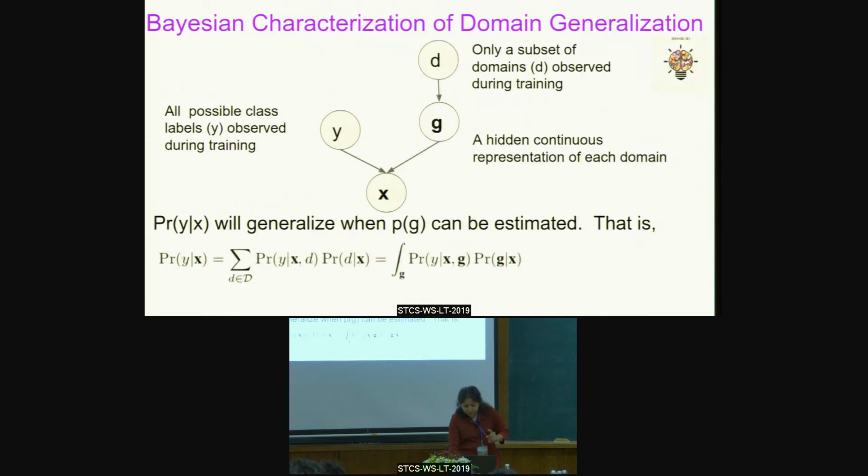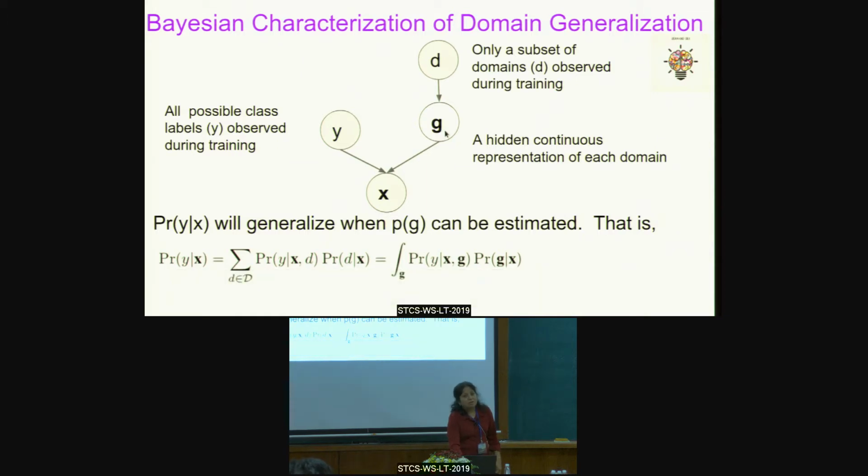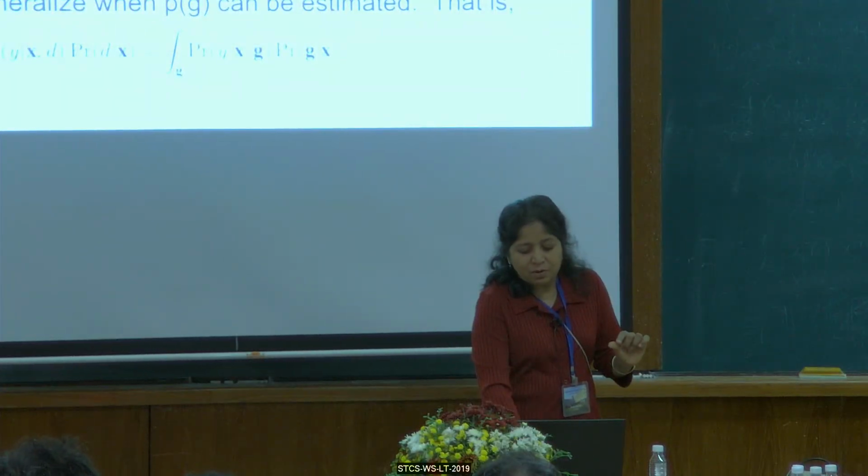So this is our first insight. What we claim is that if you could somehow, we don't know how, insert an intermediate latent continuous variable, G, some multidimensional continuous variable which captures the properties of domain.